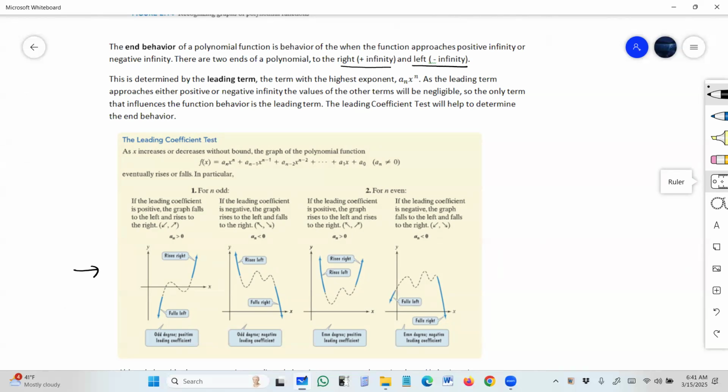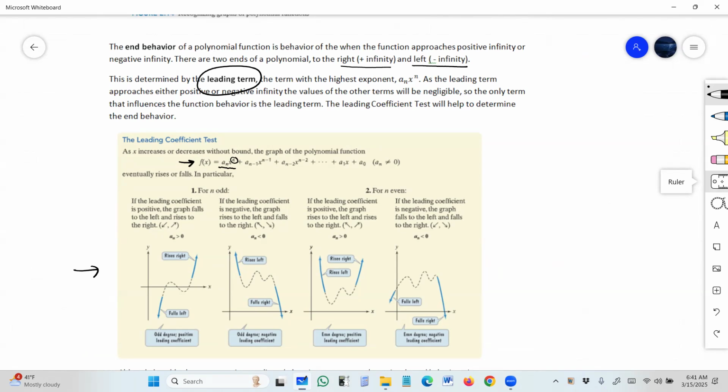Okay, and the way that we determine that is just by looking at the leading term of the polynomial. So if you take a look here again at the definition, as I said before, we normally write the polynomial in decreasing order of exponents. So the very first term should be the one that has the highest exponent, the leading term, right?